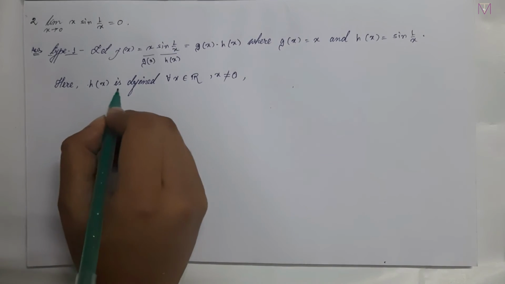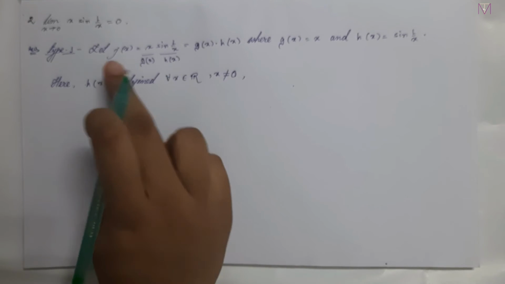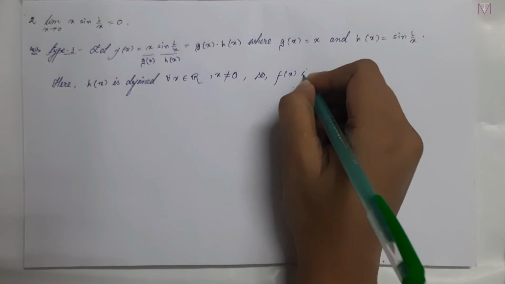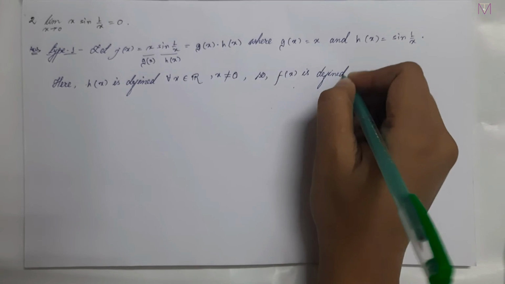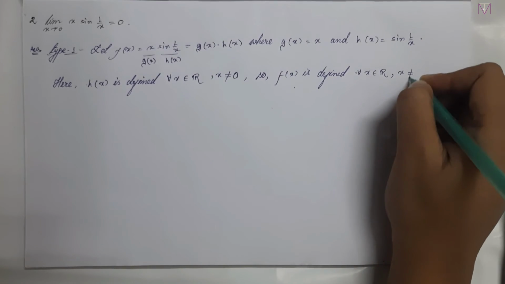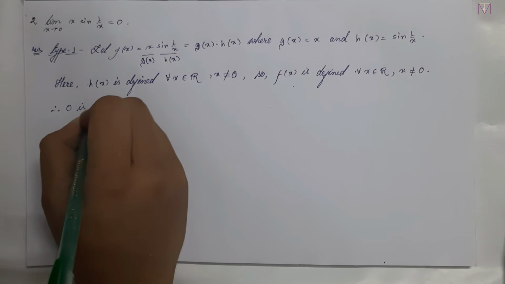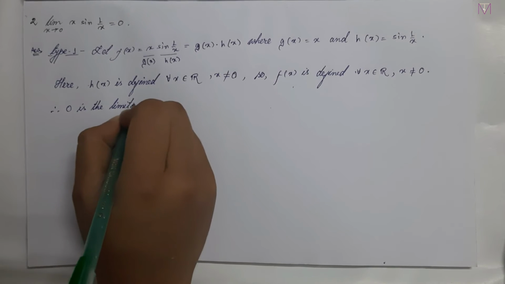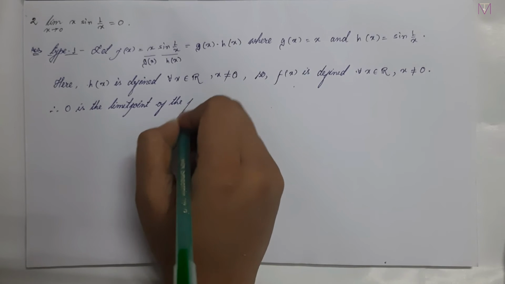So if h(x) is defined here and x is also defined for all x belongs to R, then we can say f(x) is also defined for all x belongs to R, x not equal to 0. Therefore 0 is the limit point of the function f(x).